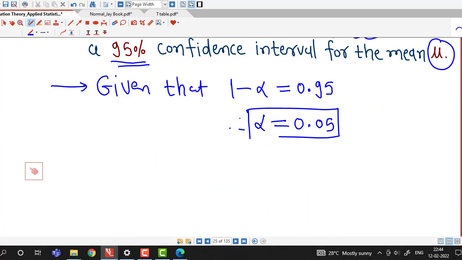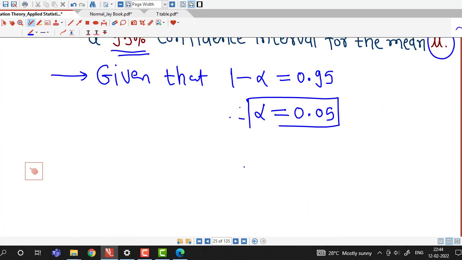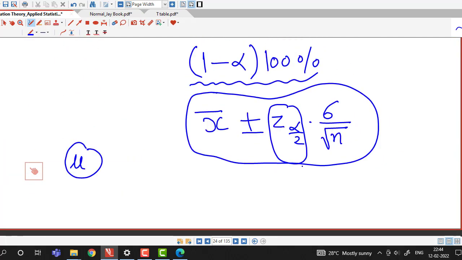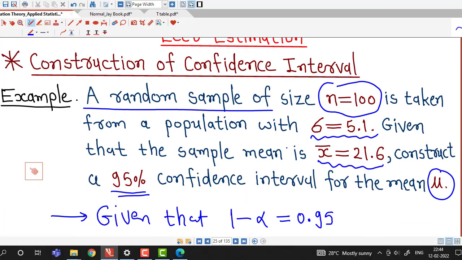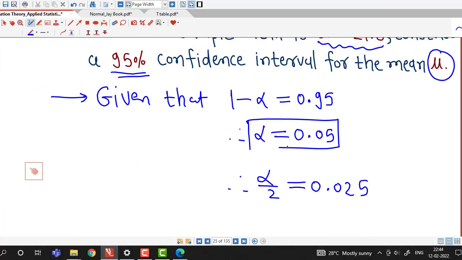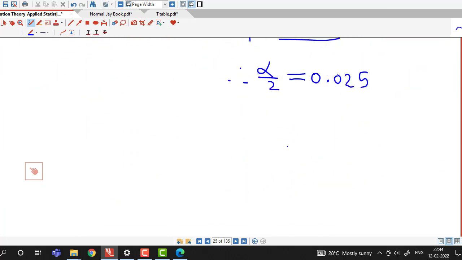Now if alpha is 0.05, alpha by 2 will be equal to 0.025. So in this formula first we require z alpha by 2, and for that we have to use the standard normal tables.